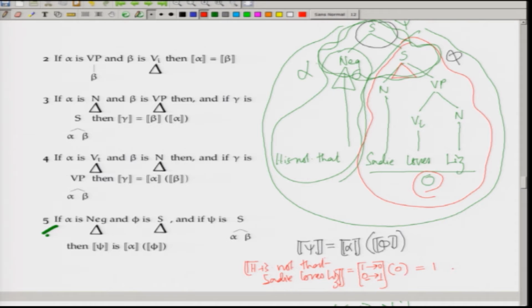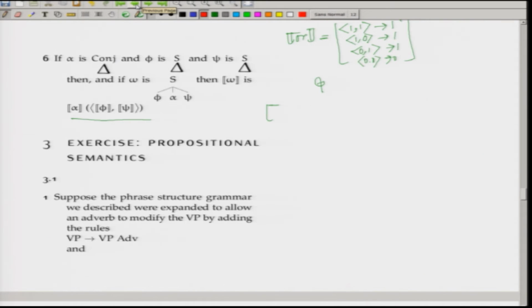So, for example, let us consider the first one. What is the problem?